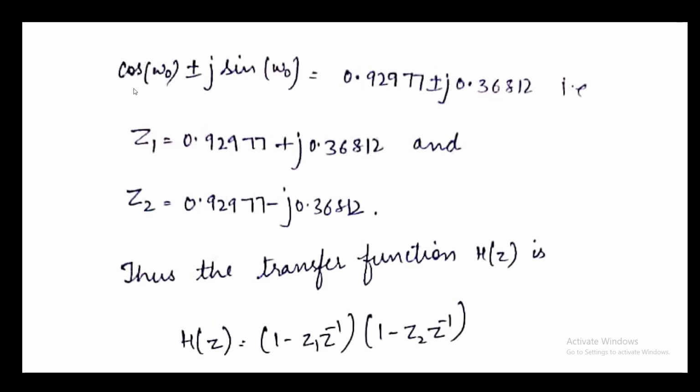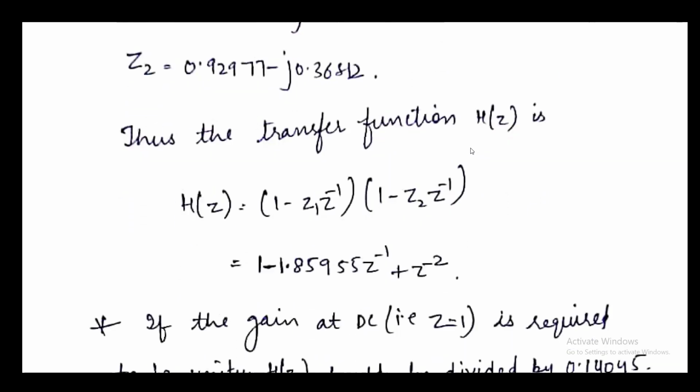By putting in the value of omega naught, we get the values of the zeros as 0.92977 plus minus j 0.36812. So these are the conjugate zeros.